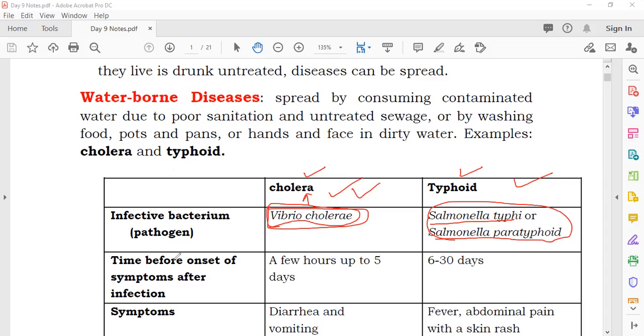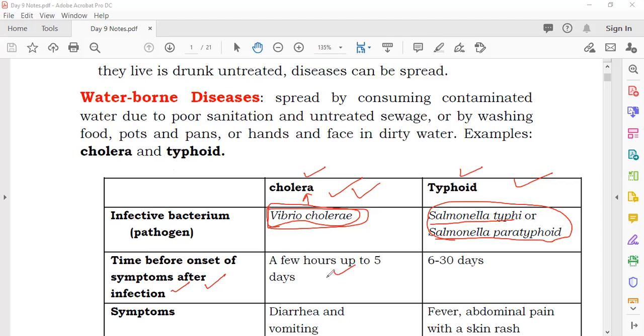Now they're talking about the time before onset of symptoms after infection. It means how long it takes for symptoms to appear in a person. For example, if a patient is infected, after how many days will the symptoms appear? For cholera, they're saying a few hours up to 5 days.